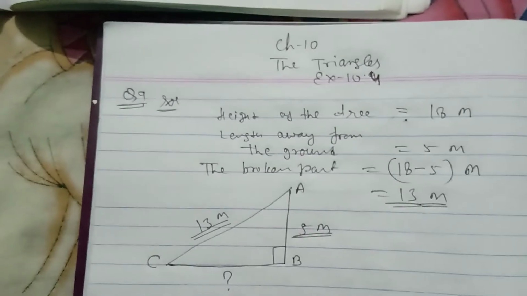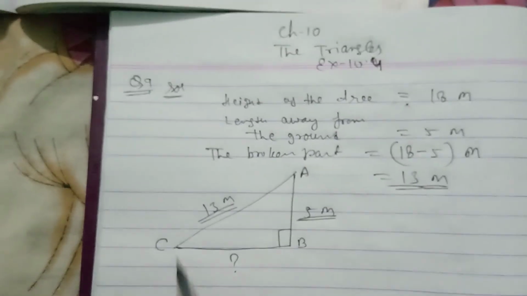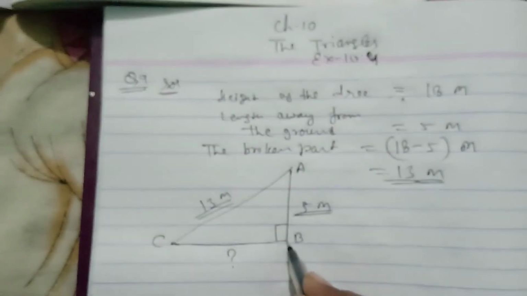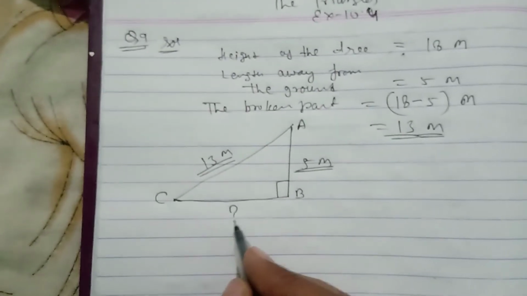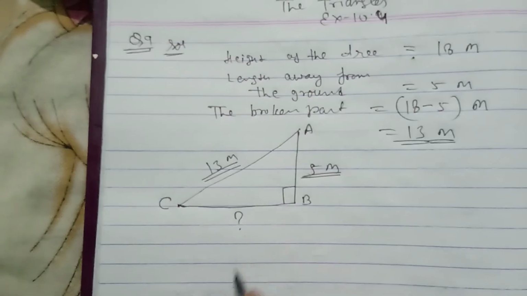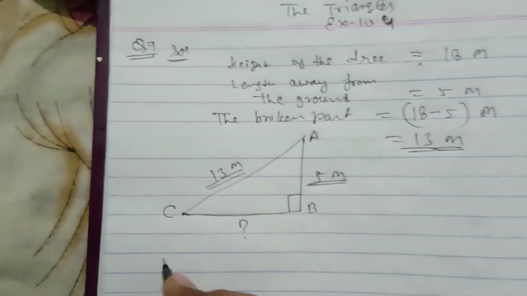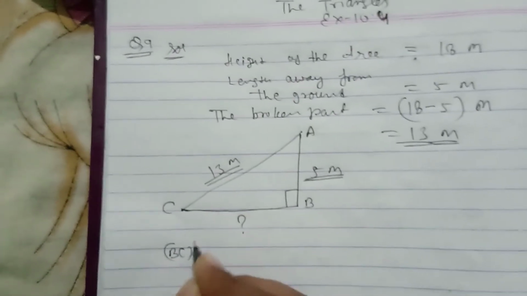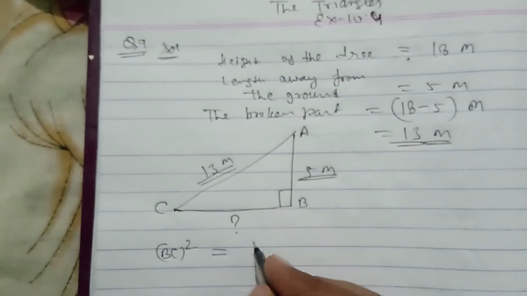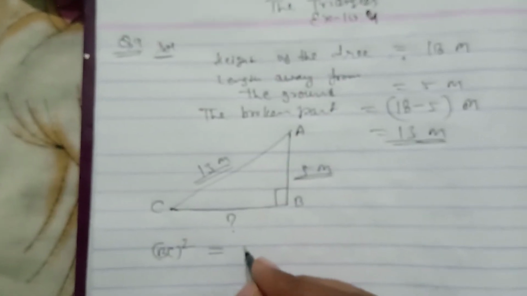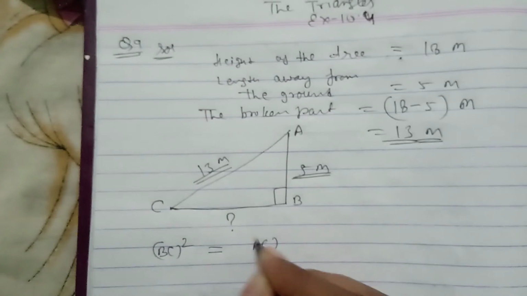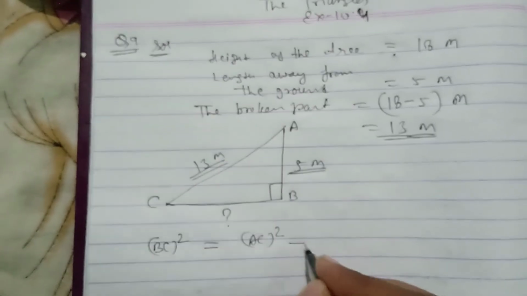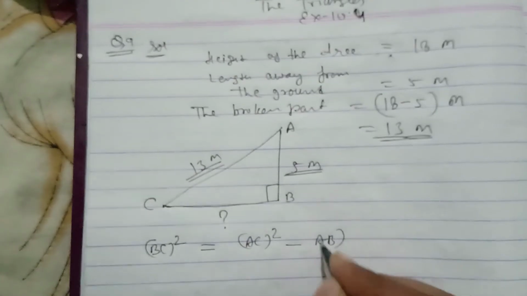Now this is a question mark, meaning where the top is touching the ground. So we have to find out this part, BC. We can get it by AC square minus AB square.